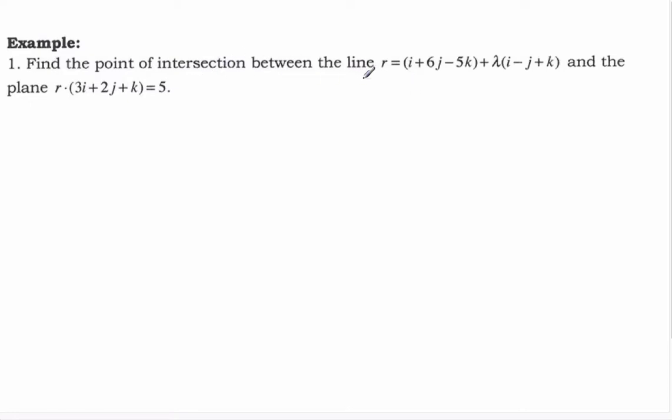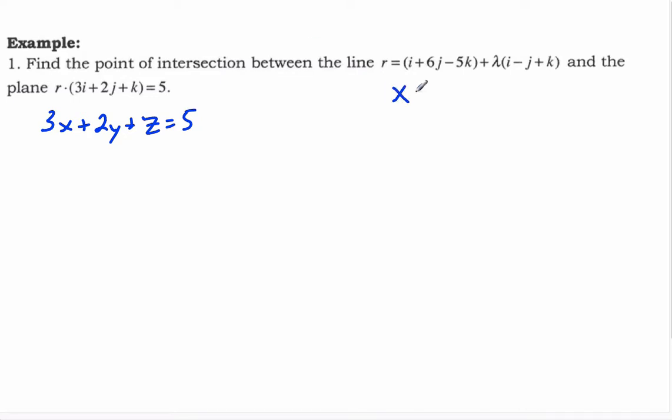So here we got a line and a plane. I'm going to rewrite these a little bit differently. I'm going to rewrite this as 3x plus 2y plus kz equals 5. Oh, sorry. That's the unit vector k, so this is plus 1z equals 5, and over here I'm going to rewrite this in parametric form.